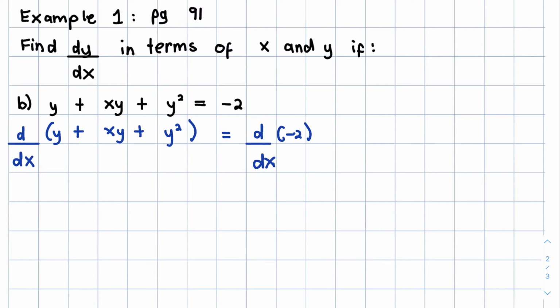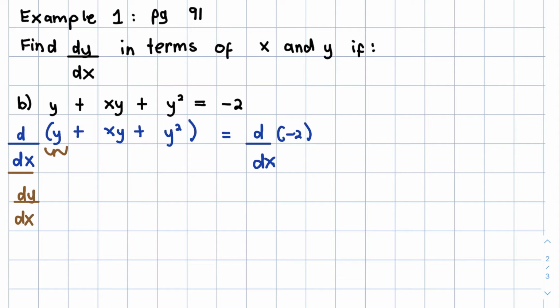If you differentiate the term y, what are you going to get? If you differentiate any variable x or y, you just get a constant of 1. But since this is with respect to x, you will still have dy over dx.